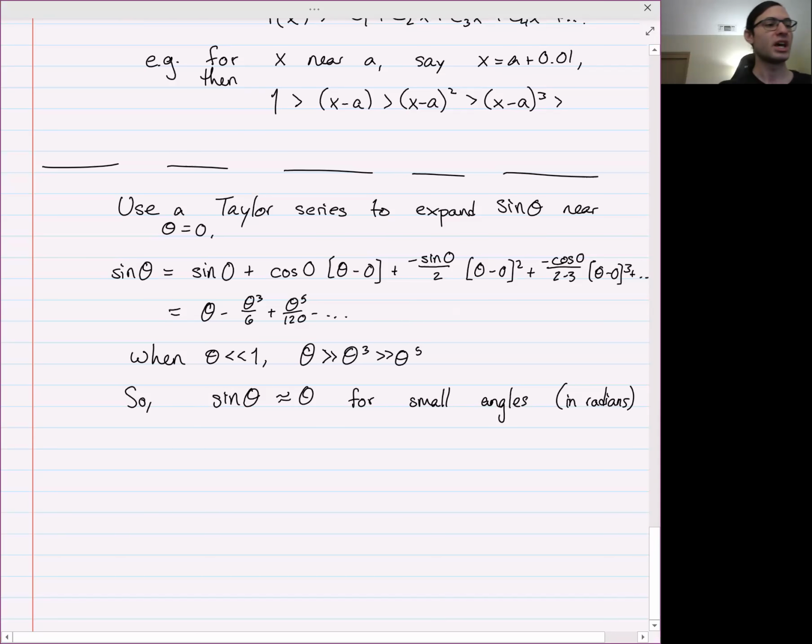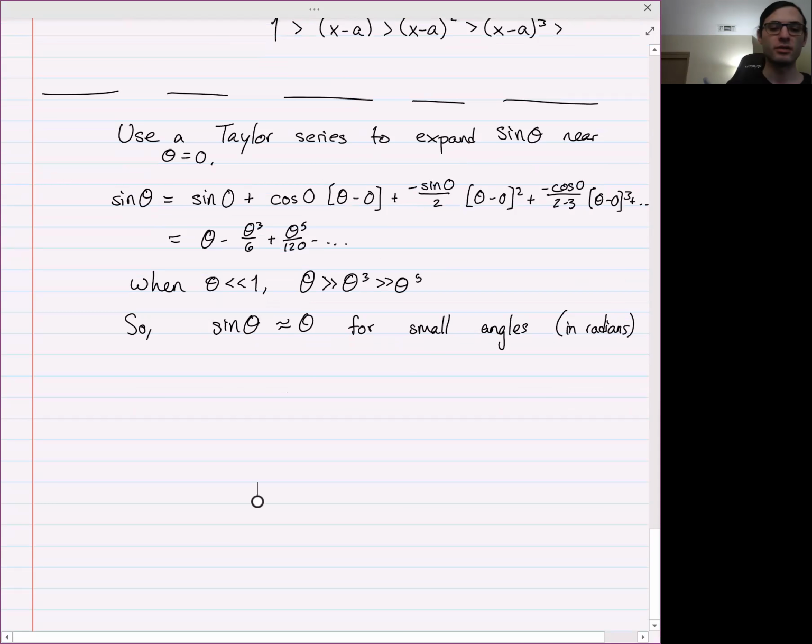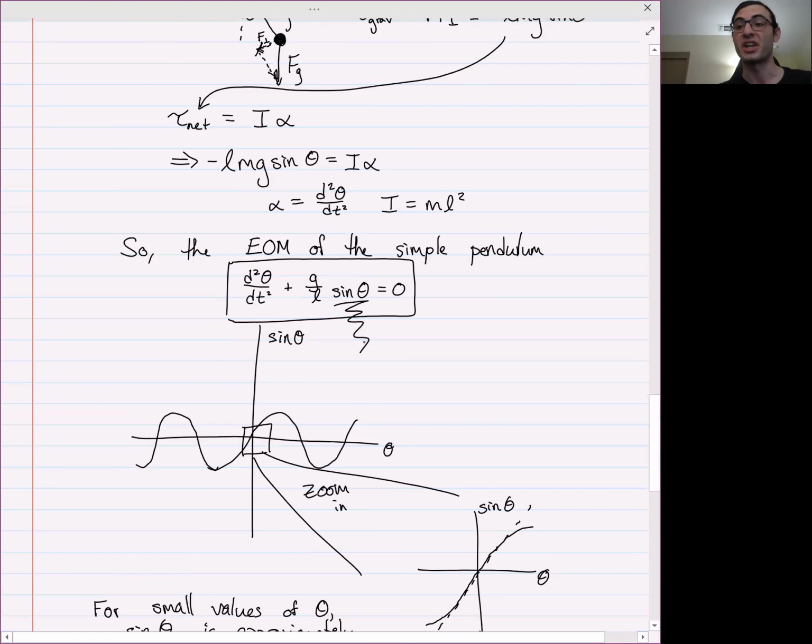And so that means that as long as we only consider a system that is oscillating at small angles, for a small angle system, we can just approximate the sine of theta that showed up in our equation of motion with just a theta.